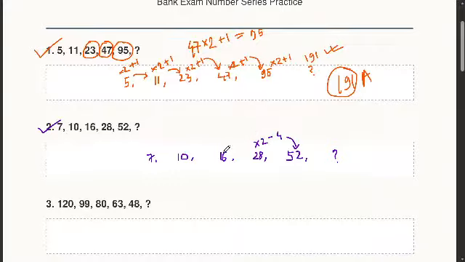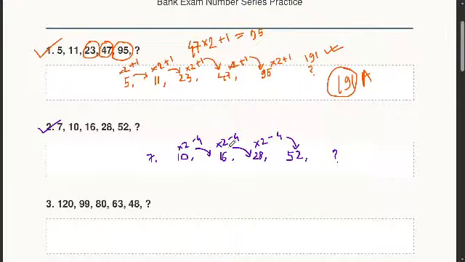So if we multiply 16 by 2, that is 32, and subtract 4, then it is 28. Now if we multiply it by 2 and subtract 4, we will get this.